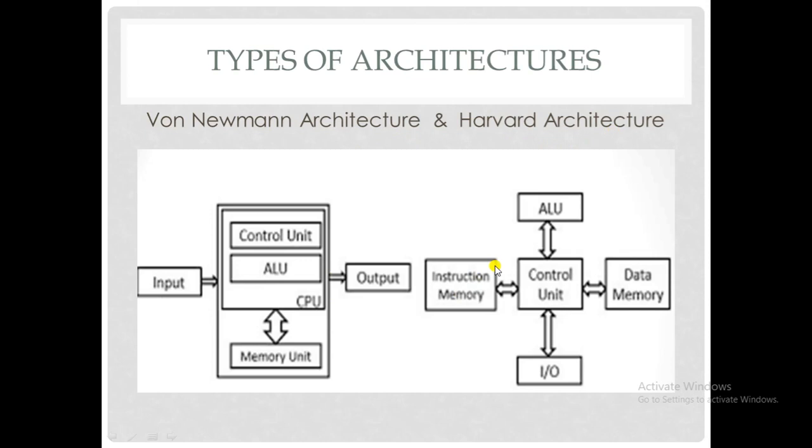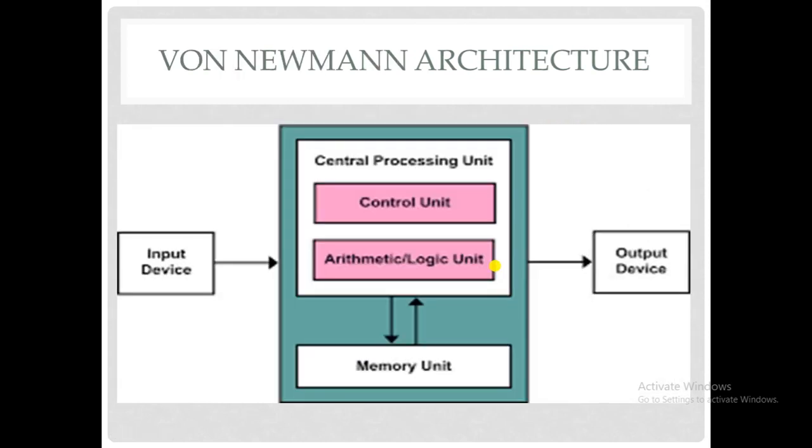The evolution of the computer architecture model started with von Neumann architecture. It was designed and developed by the scientist John von Neumann in 1945. Most of today's computers run on this architecture, whether mainframe or personal.